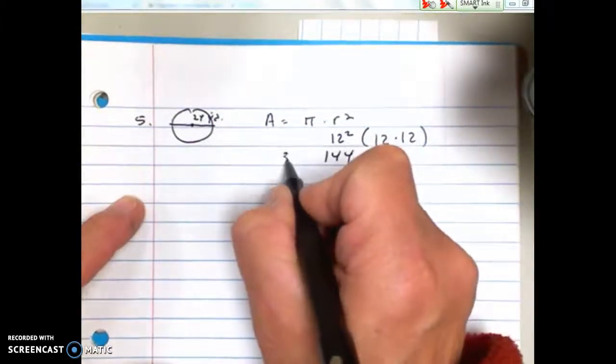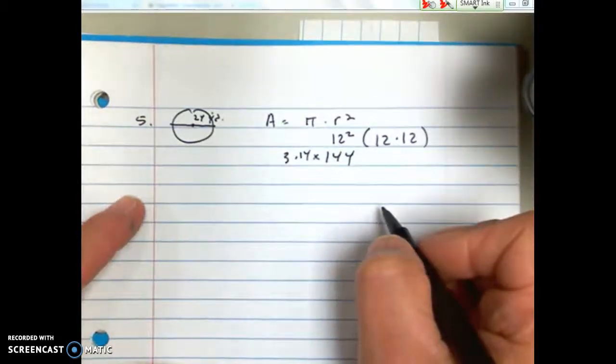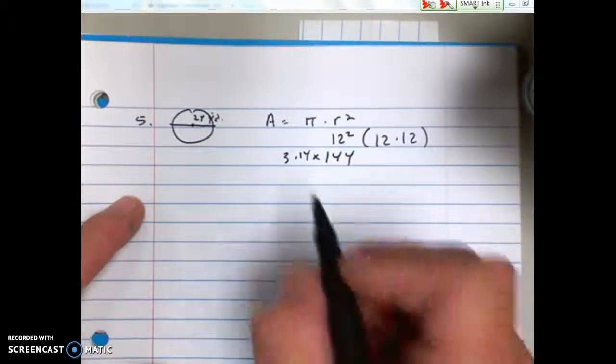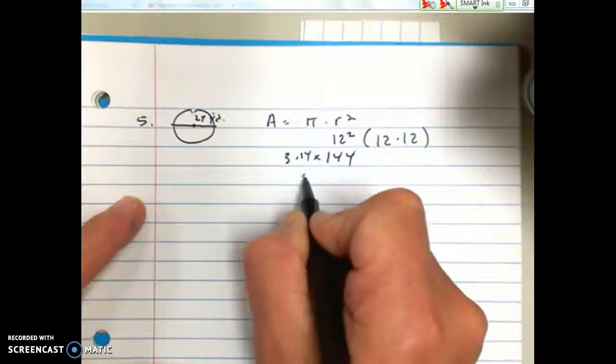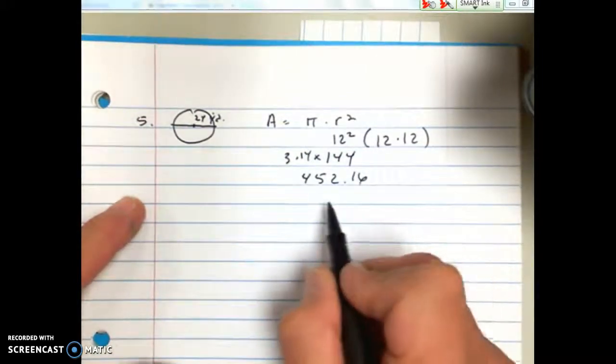So we have pi, 3.14, times 144. You can use your calculator for that. 144 times 3.14, and you should have gotten 452.16.